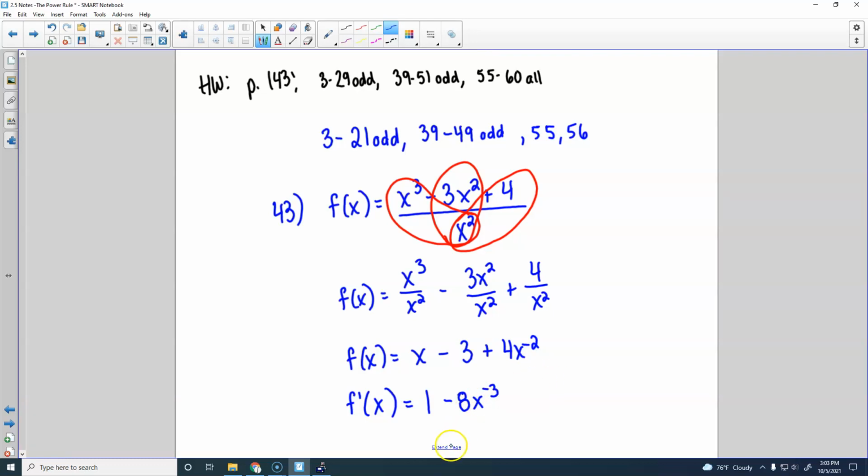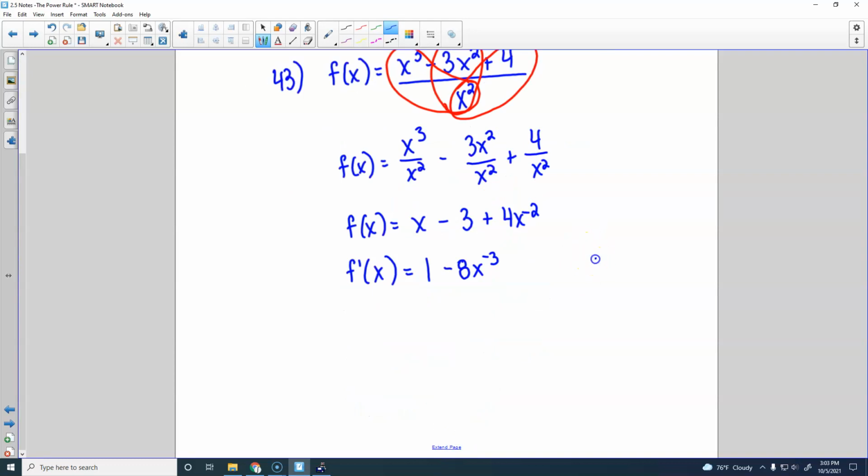Actually, let me just keep going because the back of the book gives the answer like this: x to the third minus 8 over x to the third. What'd they do? They moved the negative x to the... they did it incorrectly. You guys are alright with moving this back down to the bottom, right?